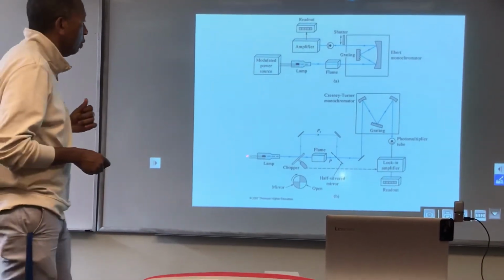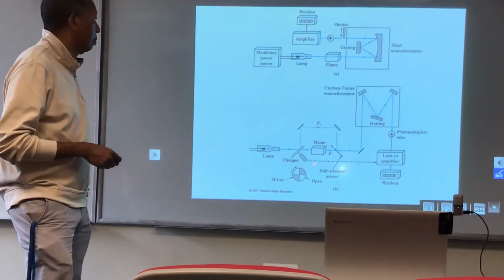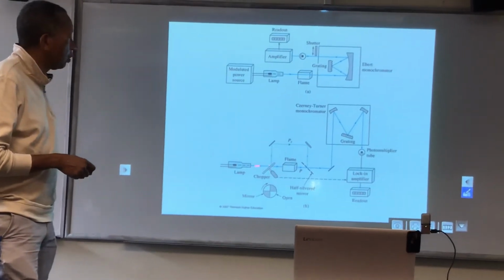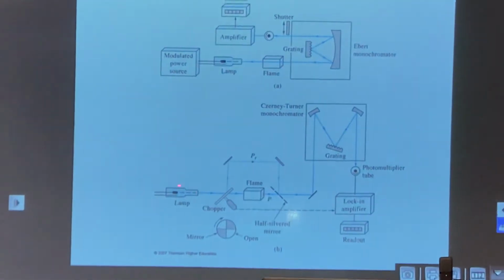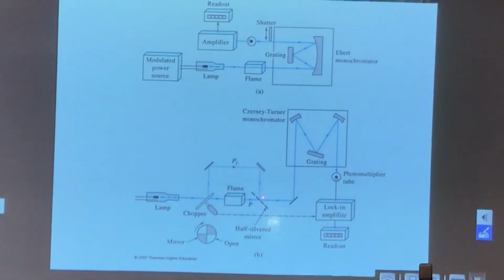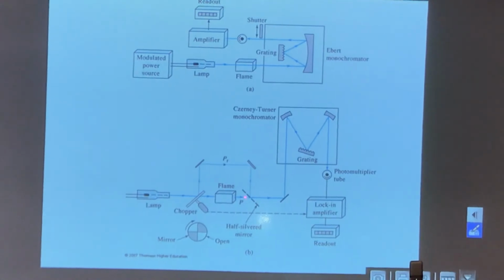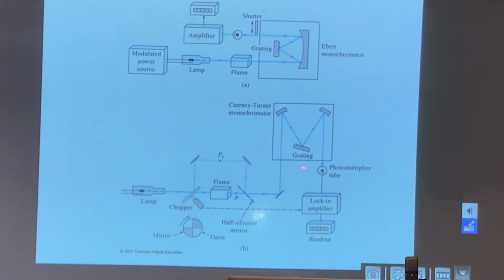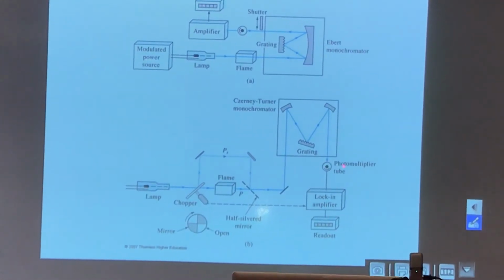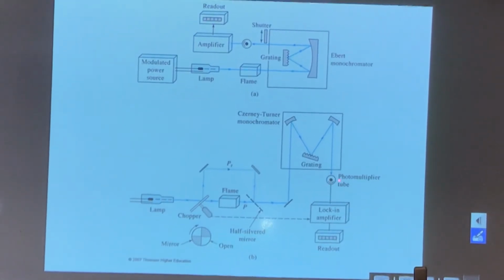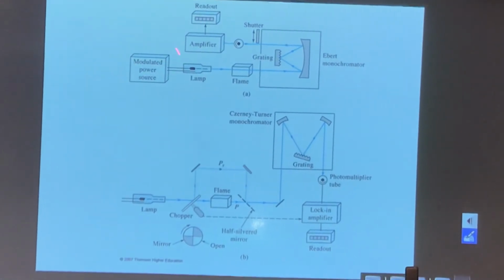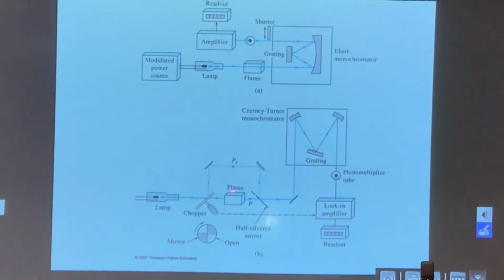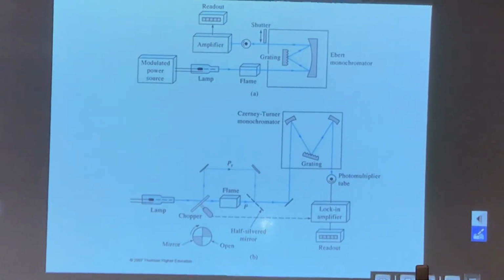Then sometimes what happens is, if the source from the lamp gets this open slot here, then it goes straight through the flame. Bypasses this system here, goes to the flame, then it goes to the monochromator, then it goes to the photomultiplier tube, and then to the lock-in amplifier. So this is a lot more complicated than this one. And it does two things that we don't do here.